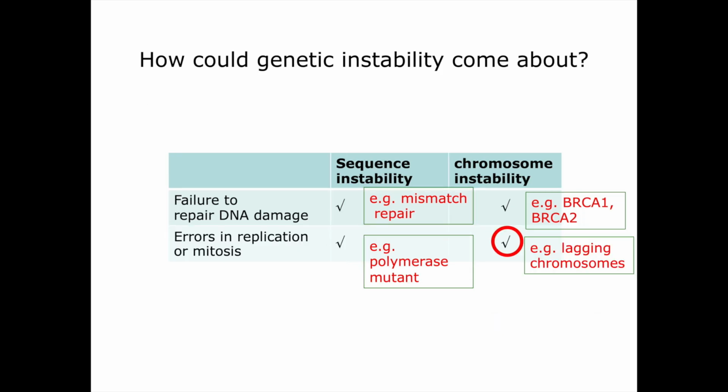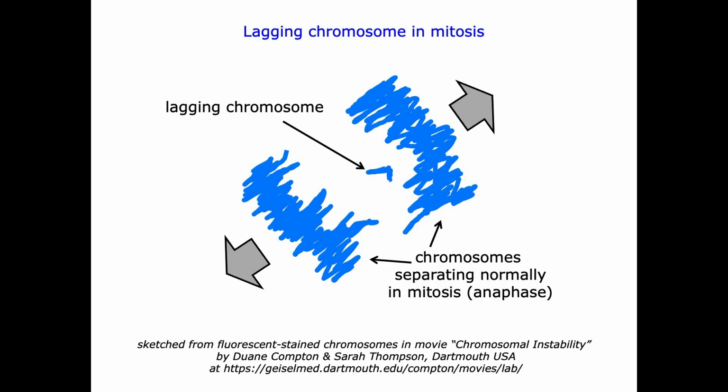People have also seen defects in mitosis. And here's a fluorescent picture of a cell in mitosis. It's taken from a video from Dwayne Compton's lab where they followed mitosis and showed that some colon cancer cell lines, for example, had lagging chromosomes. You can see a lagging chromosome here.